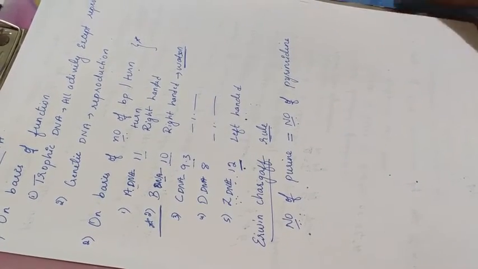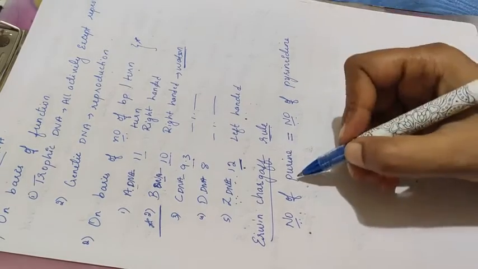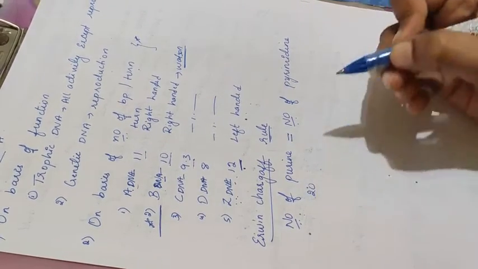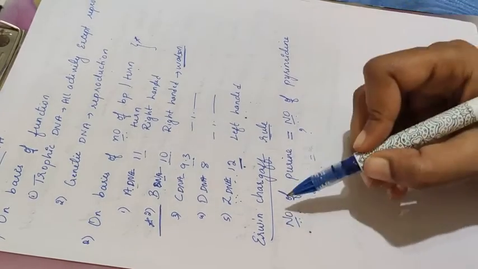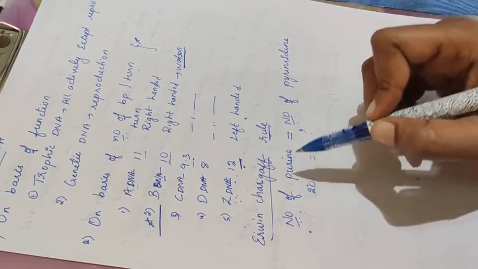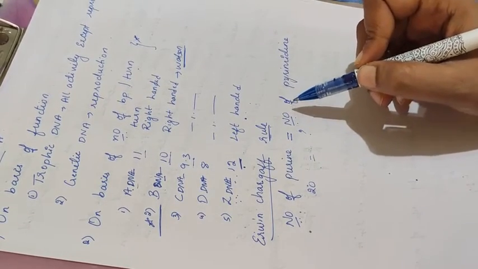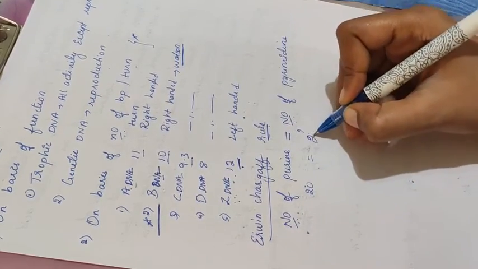Very simple. If you consider a DNA, suppose in a DNA the number of purines is 20. What will be the number of pyrimidines? According to Chargaff's rule, in a DNA the number of purines is always equal to the number of pyrimidines. If the number of purines is 20, the number of pyrimidines will also be 20.